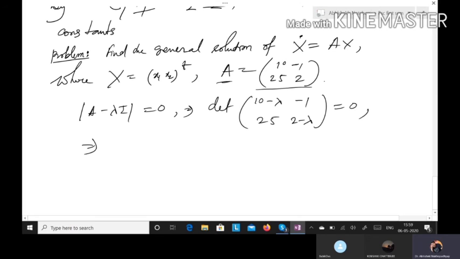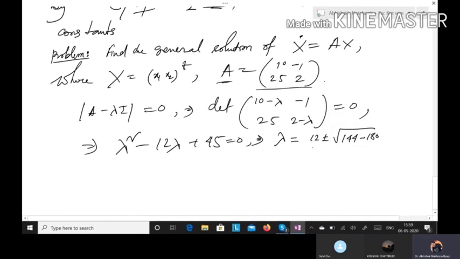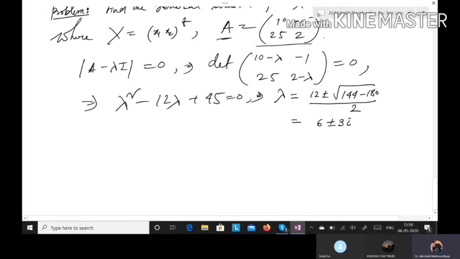And this is lambda square minus 12 lambda plus 45 equals 0. Now the solutions will be 12 plus minus root over 144 minus 180, by 2, which is actually 6 plus minus 3i. So thus it has two complex eigenvalues which are conjugate to each other.